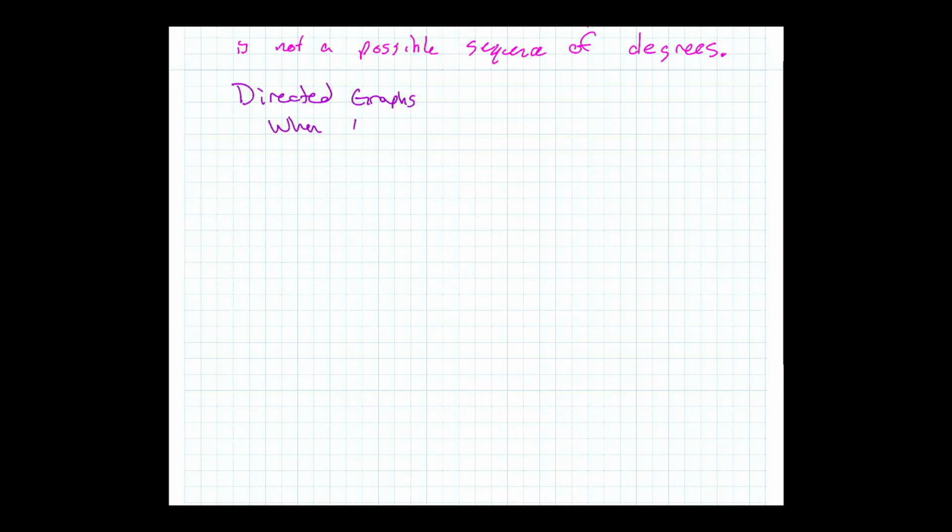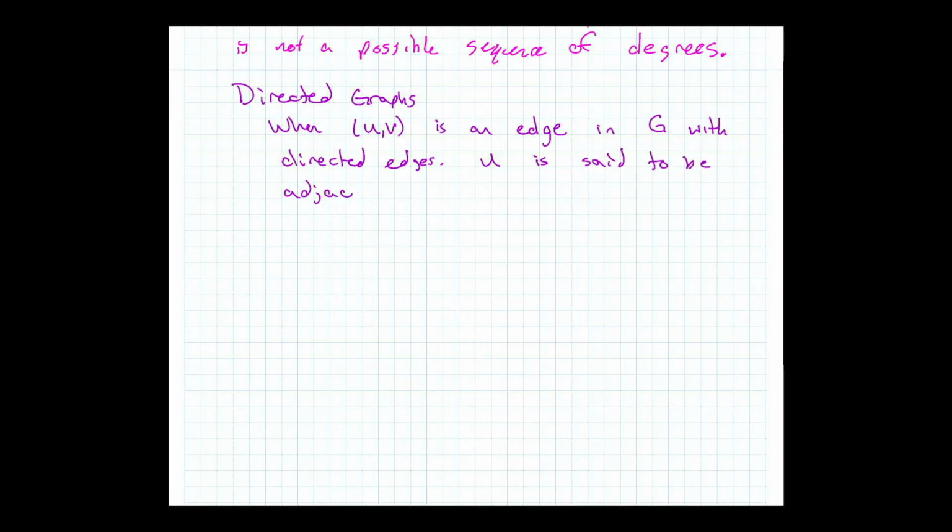When UV is an edge, so from U to V, in a graph G with directed edges, U is said to be adjacent to V, and V is said to be adjacent from U.